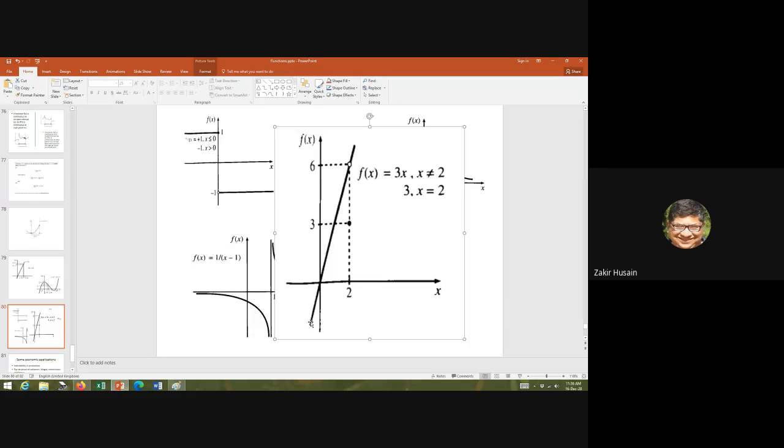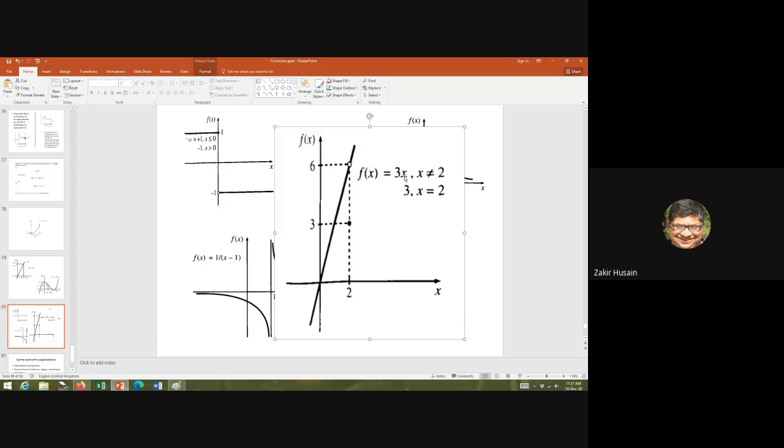See over here, this is a straight line. Now, at this point, f(x) is equal to 3x. So if x is equal to 1, what should f be? It should be 3, right? At a value of 2, what should f(x) be? It should be 6.